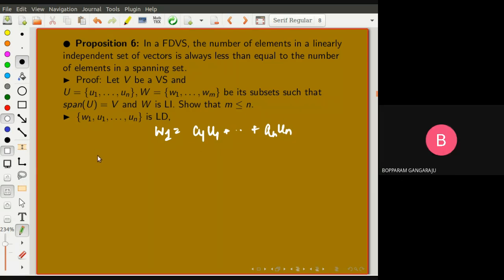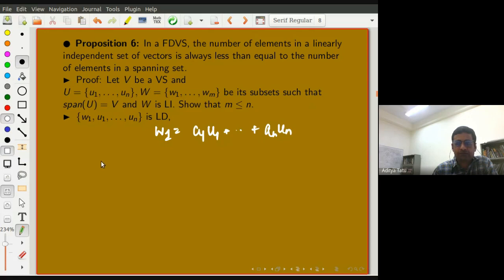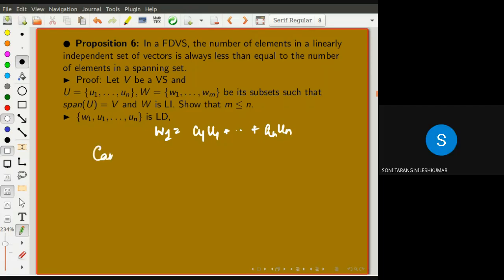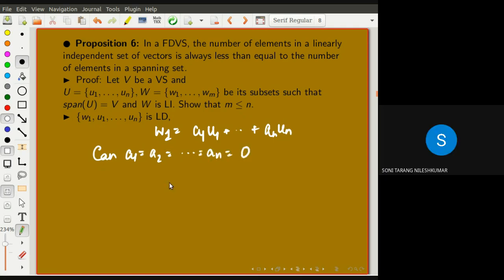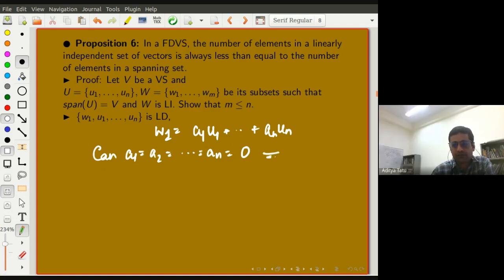No. Why? Because W1 is non-zero. And why should that not be zero? If W1 were 0, then the set W would be linearly dependent. Good. So this is not possible.